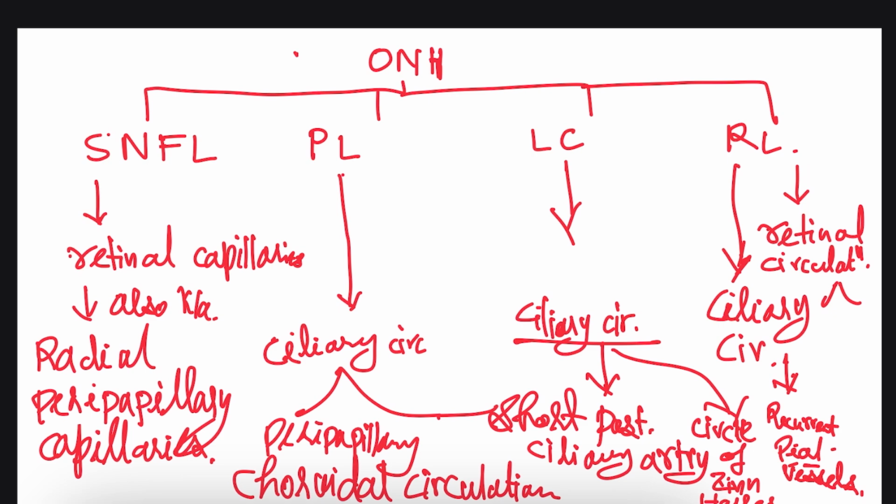So retinal circulation comes from the central retinal artery, which is divided into the centripetal and the centrifugal, and the centripetal derives its blood supply from the pial plexus.